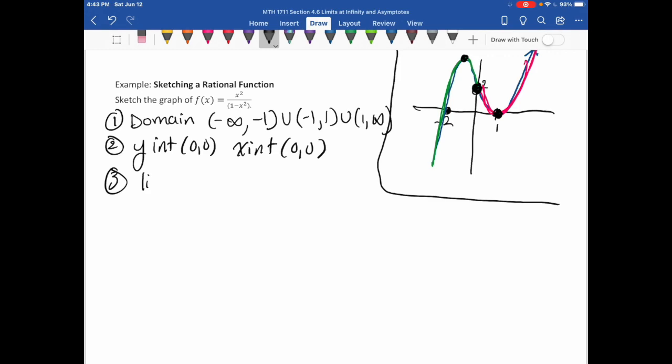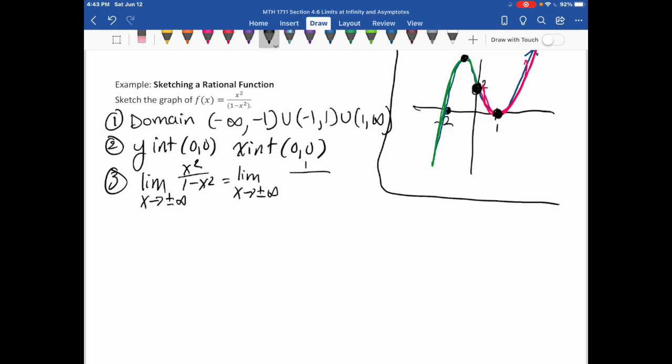Now for step 3, we're going to find the end behavior. So let's do the limit as x approaches plus or minus infinity of x squared over 1 minus x squared. Let's try to use the trick where we divide every term by the x term with the highest exponent. So I'm going to divide everything by x squared. That gives me a 1 in the numerator because x squared divided by x squared is 1.